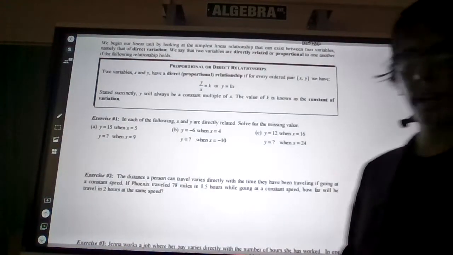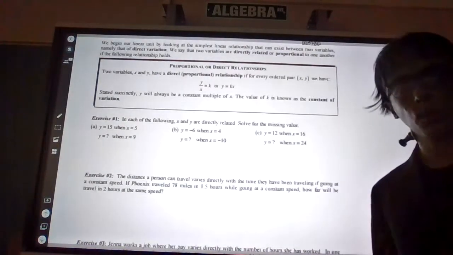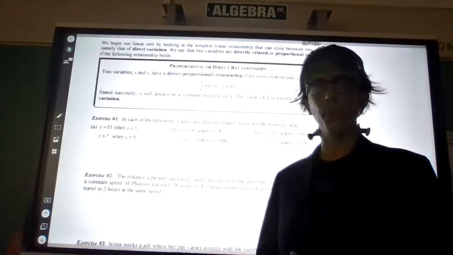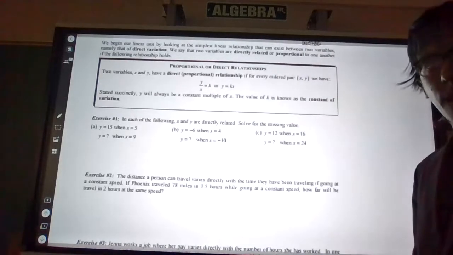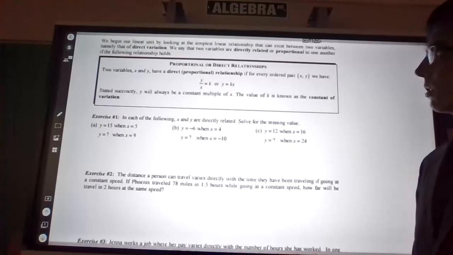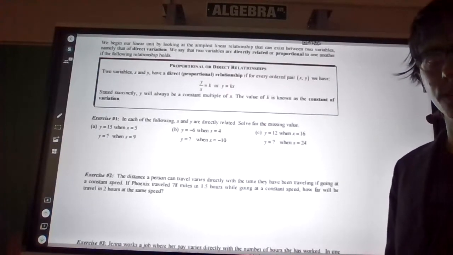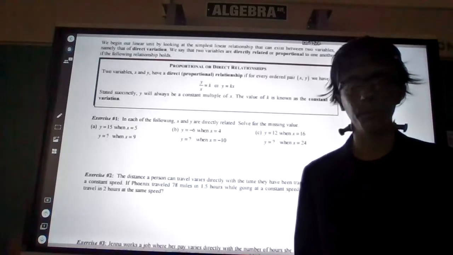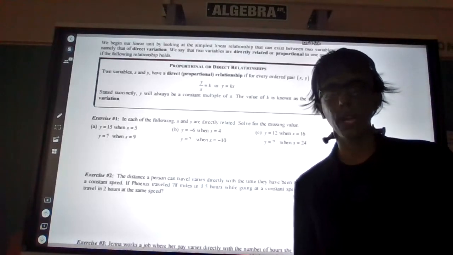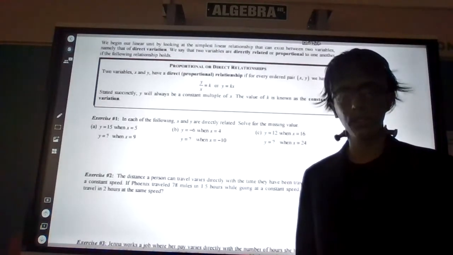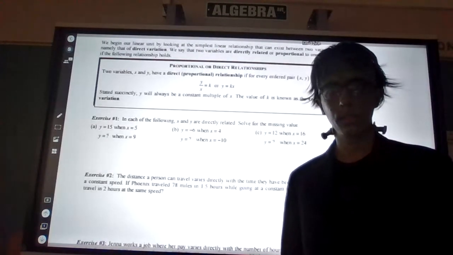We say that two variables, namely x and y, are directly related or proportional to each other if the following relationship holds. Two variables, x and y, have a direct or proportional relationship if for every ordered pair (x, y), we have y over x equals k.